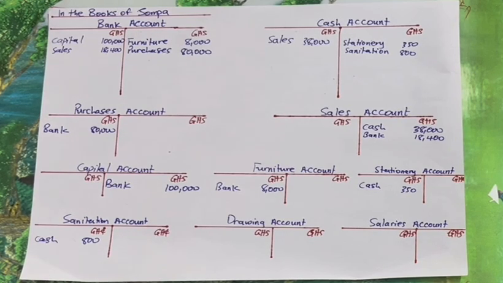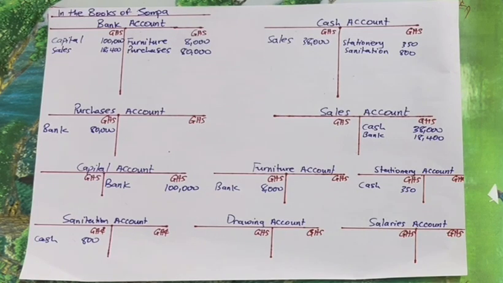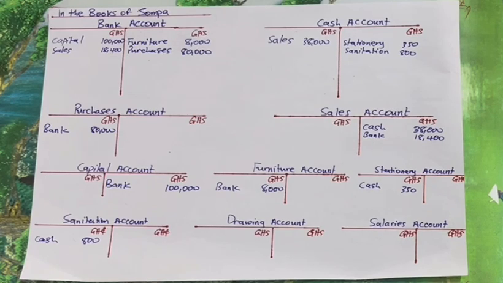Okay, so the next one says we drew check for personal use. The moment you withdraw check for personal use, it becomes drawings. Drawings reduces the capital of the business. So we'll debit drawings, and then credit bank because we've taken money from the bank, so our bank balance will reduce.